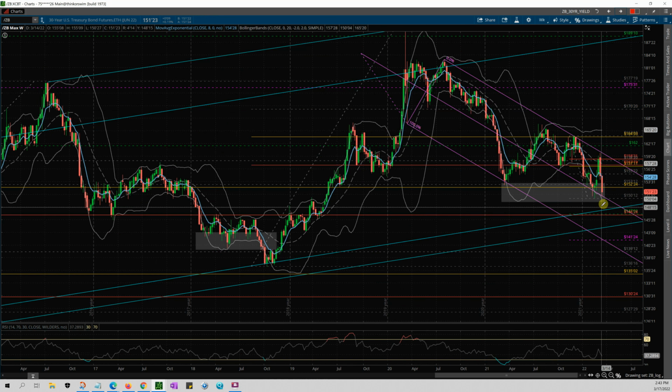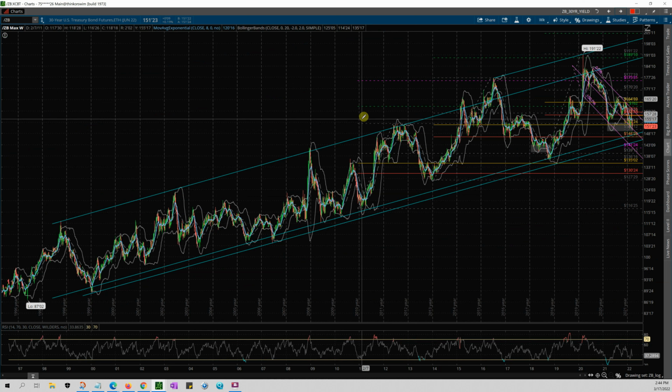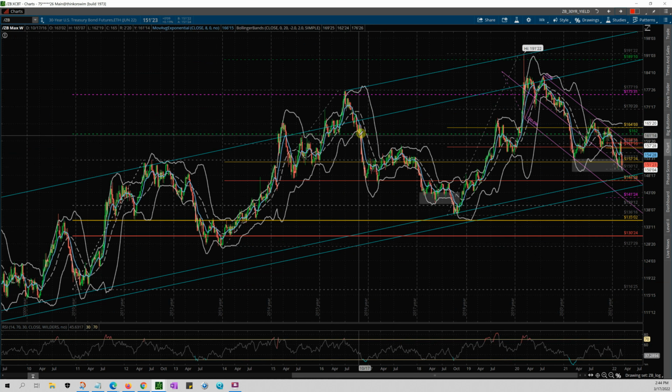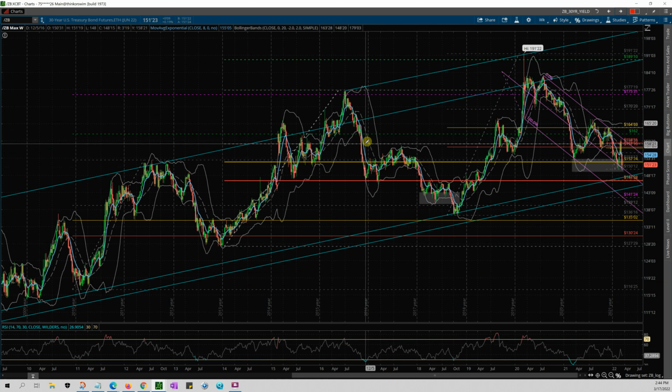We could let yield capture its long target and ZB capture this short target and find support again at the channel before reversing. Or yields could run and we could drop through this channel, underthrow, and just wreck everyone who's trying to buy this channel long. So I hope that's clear, the inverse relationship between 30-year yield and ZB 30-year bonds, and how you need to use yields to confirm or not confirm setups.